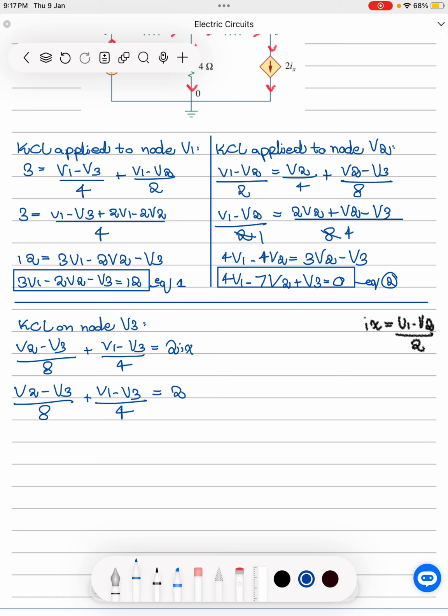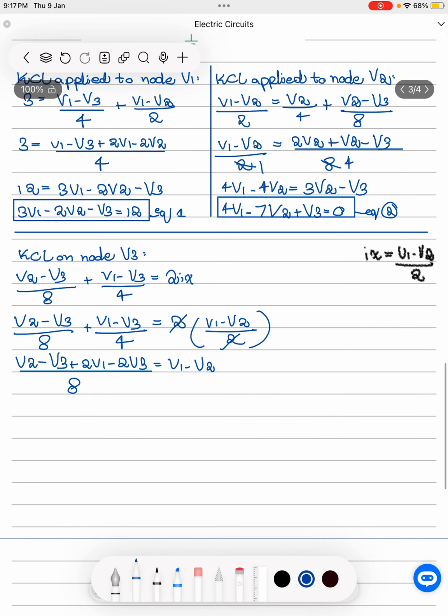Now we're going to be replacing the expression of Ix with (V1 minus V2)/2. The 2 cancels out, taking LCM here, 8: this would be V2 minus V3 plus 2V1 minus 2V3 equals V1 minus V2. Now let us simplify.